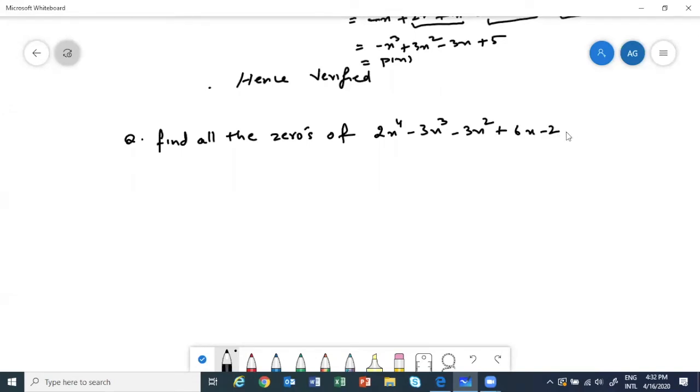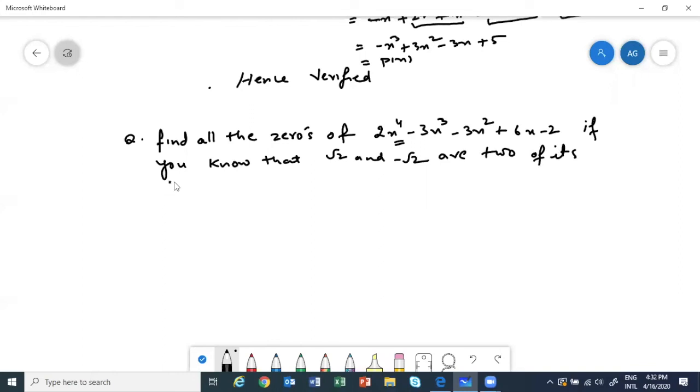Okay. You haven't done finding zeros for a power 4 or degree 4 polynomial. This one is a question with degree 4. Okay. If you know that root 2 and minus root 2 are two of its zeros.